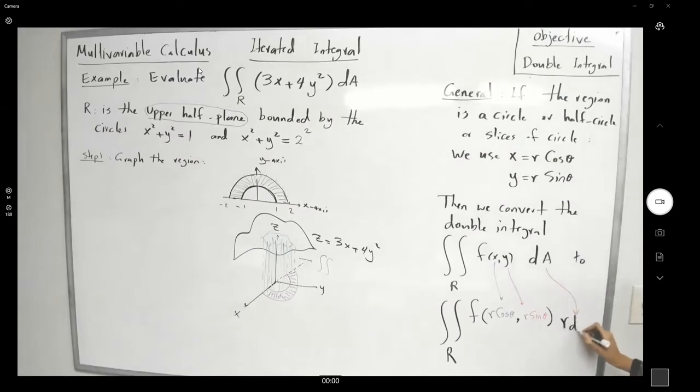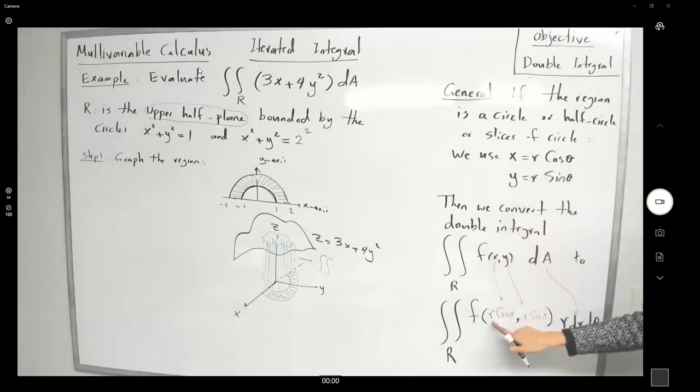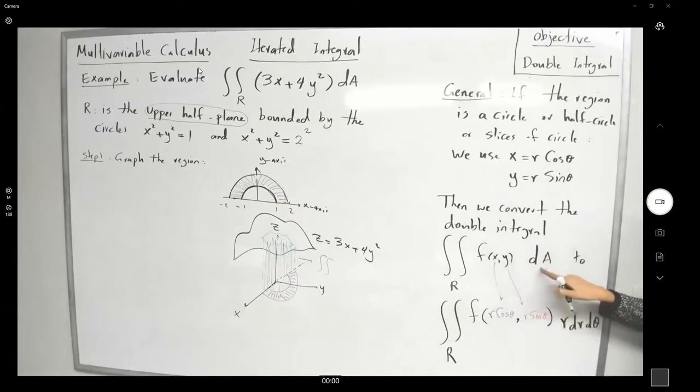Don't forget to add r as the element of radius here. We are converting our region into polar coordinates, x is r cosine theta, y is r sine theta, and instead of dA, in the formula, we're going to have r dr d theta.